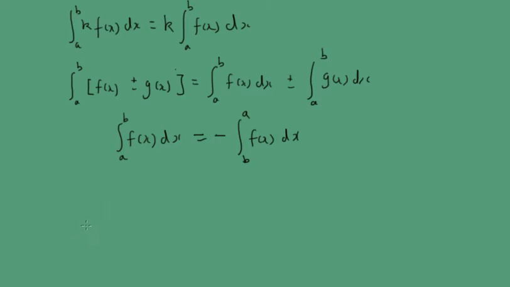And finally, if we have the integral from a to b of f of x dx, and we want to add it to the integral of the same function f of x dx within limits b to c, that's the same as saying the integral from a to c of f of x dx.